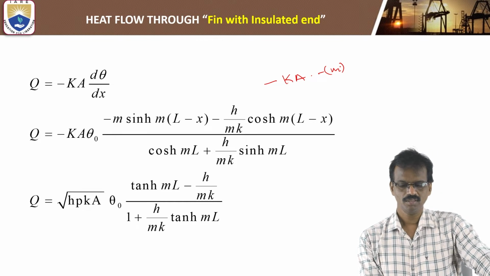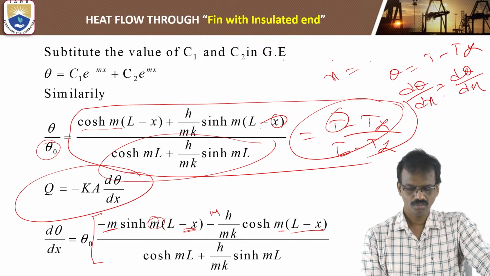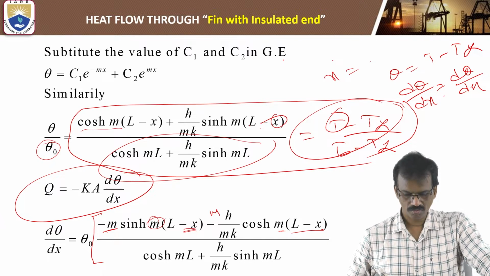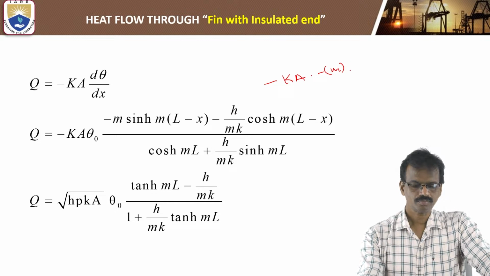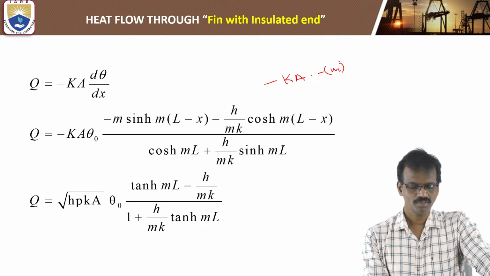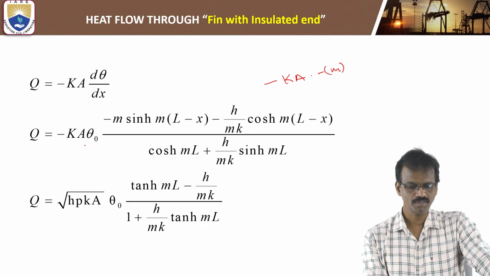The derivative of sin h ml gives minus cos h ml, so here also minus. The remaining terms: minus and minus, plus will be, so that will be plus.